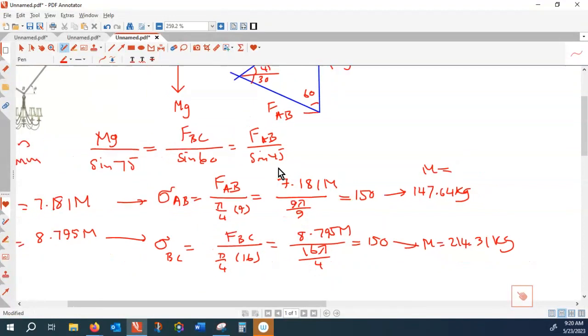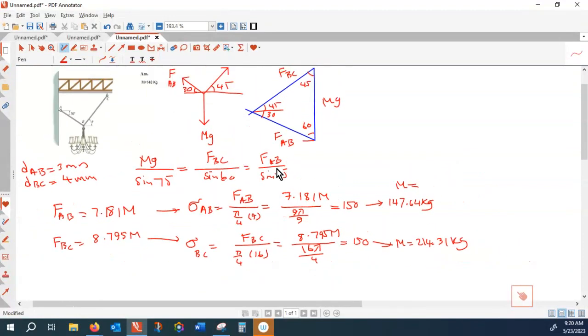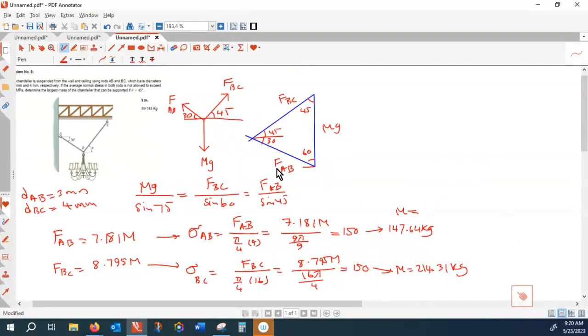Anyone needs this to be explained again, or is that understandable? Any question? Don't be shy if you want me to explain again. You know the limit, you know the forces, you know the areas. So each stress is calculated in terms of the mass.